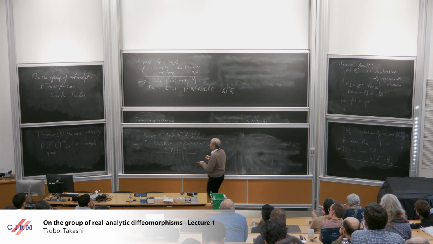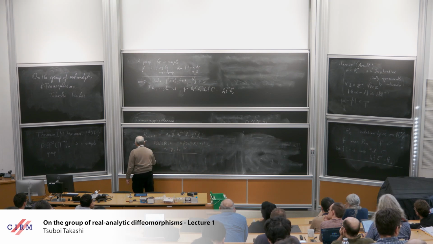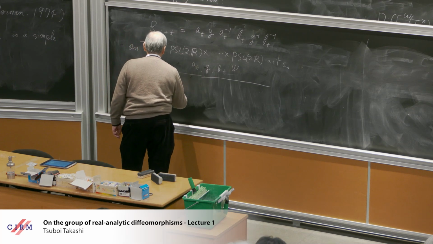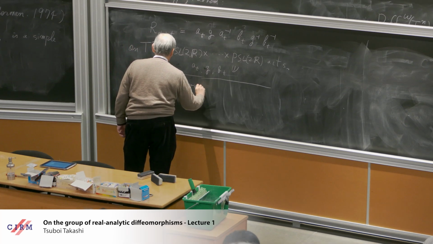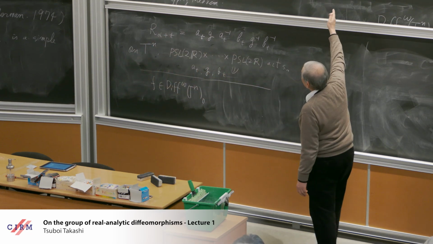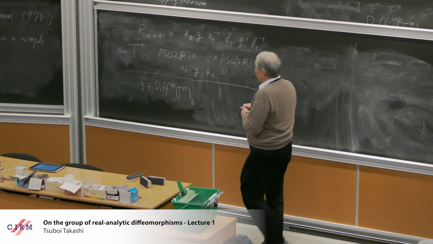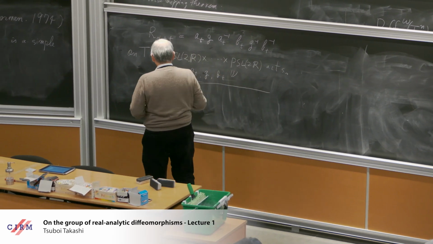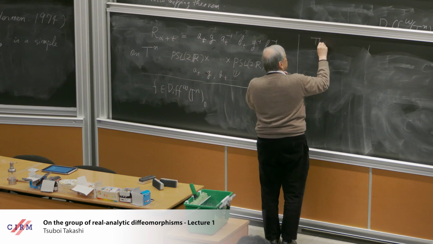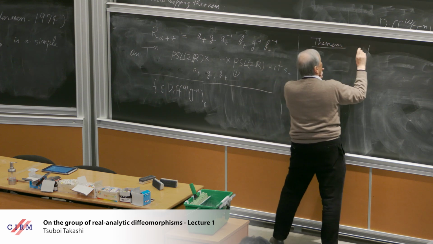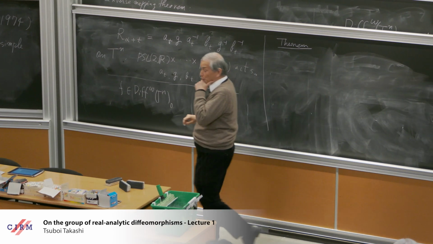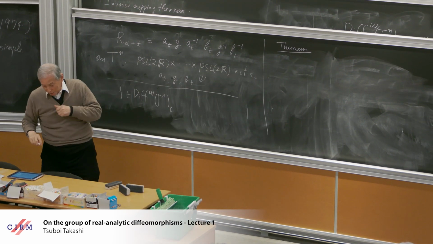So I will take Diff^omega of T^n. This is my group, and I want to write it down this way. And then there is a theorem by Mather, Thurston, Herman.